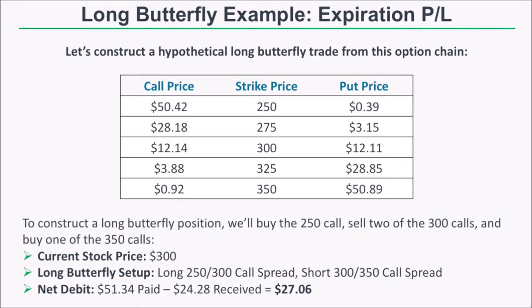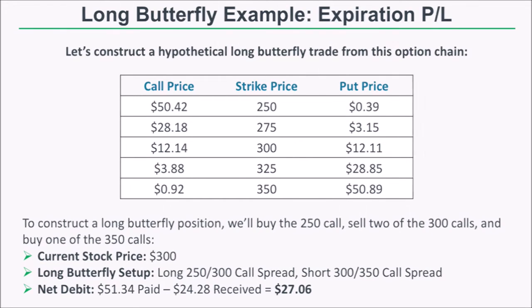So to do this, we're going to buy the 250 call, sell 2 of the 300 calls, and buy 1 of the 350 calls. So we're essentially buying the 250/300 call spread and selling the 300/350 call spread. Now that's going to result in a net debit of $27.06.